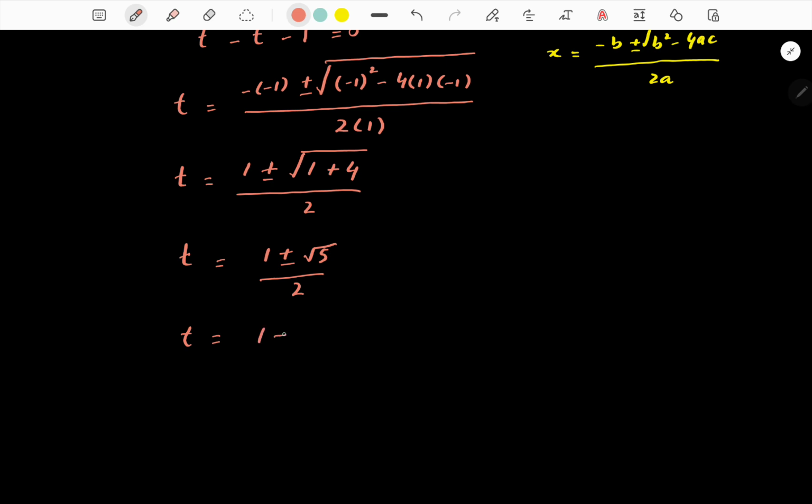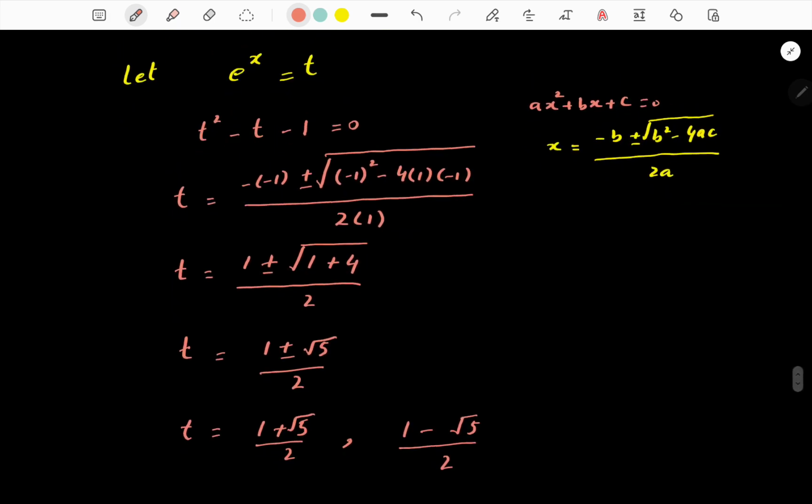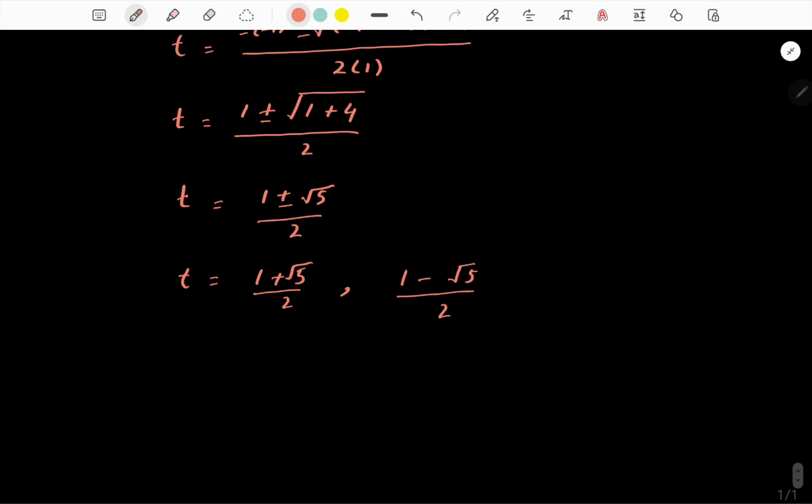First one is 1 plus under root 5 over 2, while the other is 1 minus under root 5 over 2. Now again substituting what t is, t is equal to e power x. So from here we have e power x is equal to 1 plus under root 5 whole divided by 2, and e power x is equal to 1 minus under root 5 whole divided by 2.